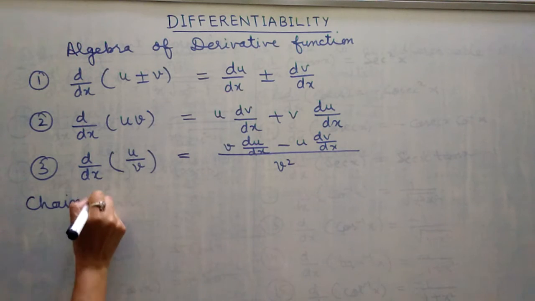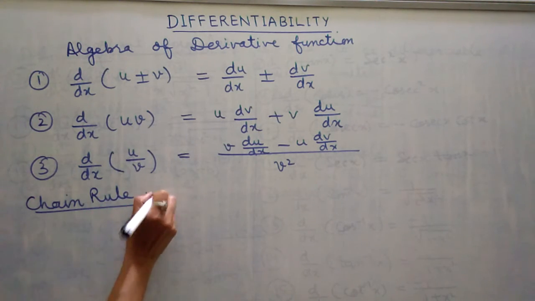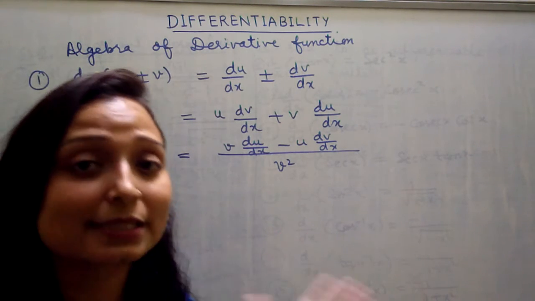What is the chain rule? This is the first rule with which you have to start exercise 5.2.